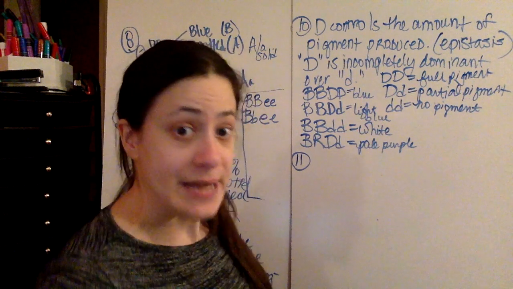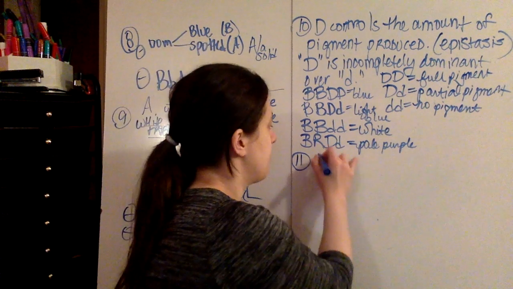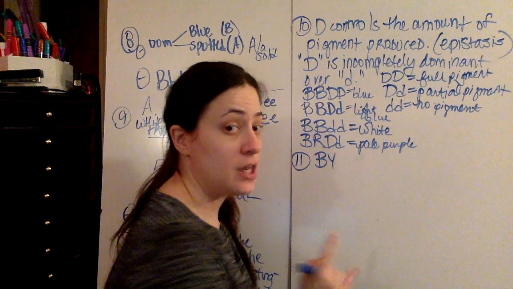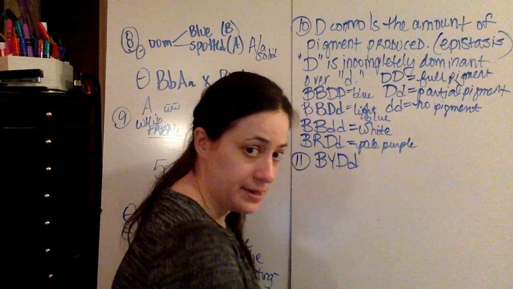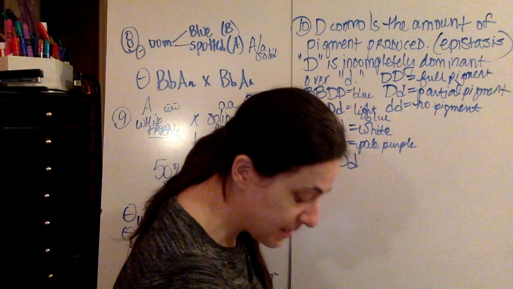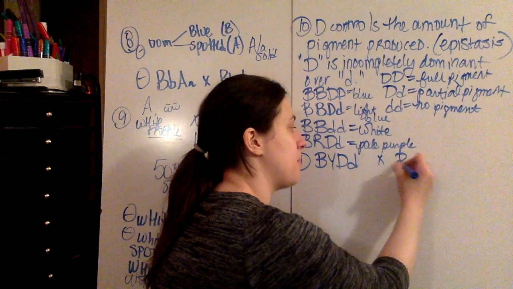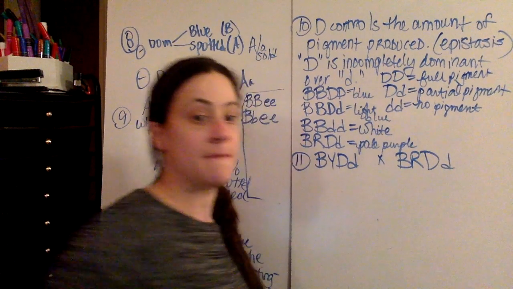A pale green tribble, so first of all, the color is green. That's why we're going to be crossing B and Y. But it's pale in color, so epistatically, that should be big D, little d. And then it's being crossed with a pale purple tribble. So we're crossing that with a purple, which is BR, but pale in color, big D, little d.